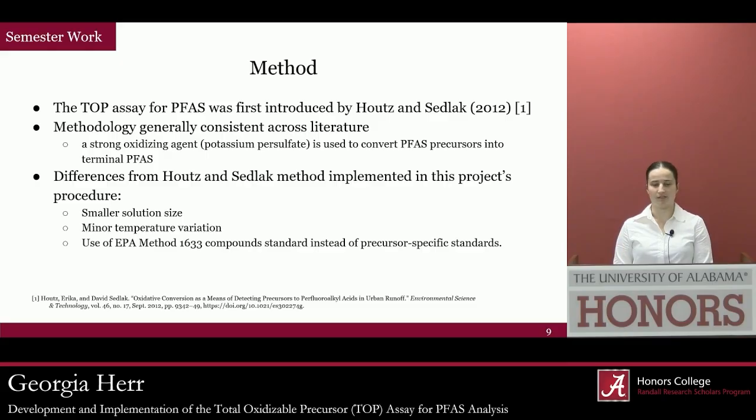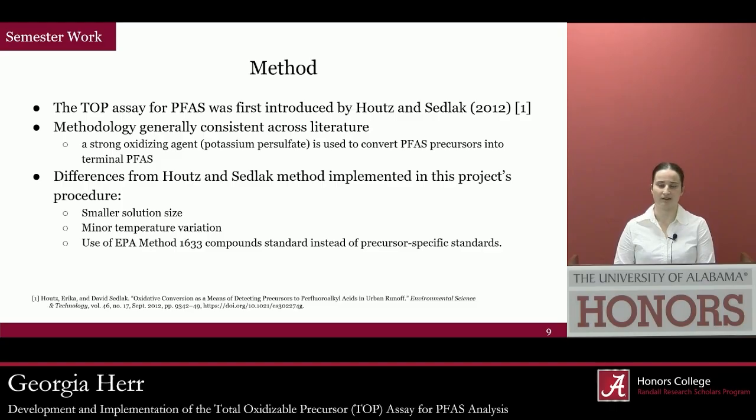Our first difference is using a smaller solution size for our samples, using only 10 milliliters instead of 125 milliliters in the original method, using a minor temperature variation in the reaction step due to some of our instrument constraints, and finally using a different PFAS standard in our samples.